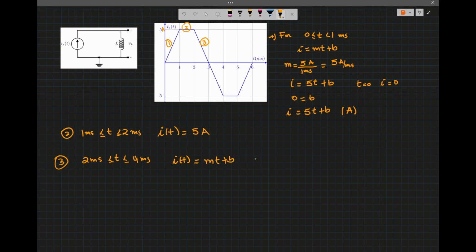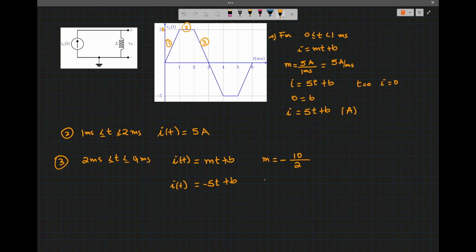So let's find m. The function is decreasing, so it will be minus 10 divided by the run, which is 2 milliseconds. So that means we have negative 5t plus b, and remember t is in milliseconds. So how do we find b?